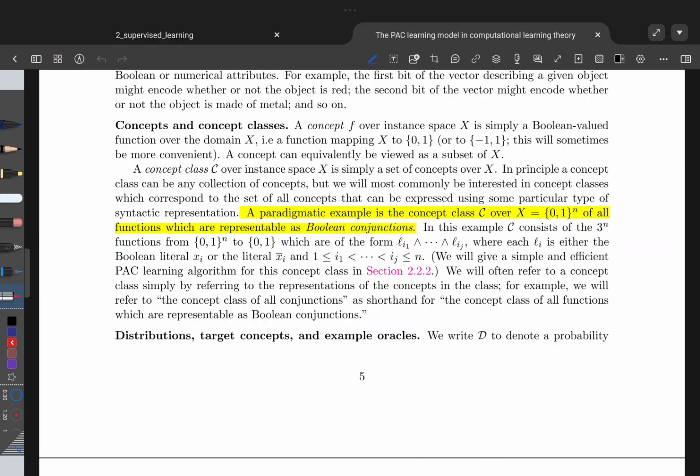So one simple function class are those which can be represented as Boolean conjunctions. So in other words, you can write all functions that can be written as the AND of some subset of the variables. Right? So a function of the form x1 and x3 and x5. That's one Boolean conjunction. All right.